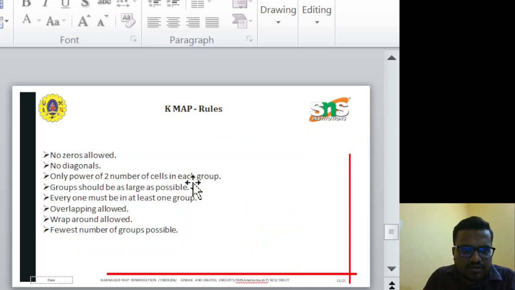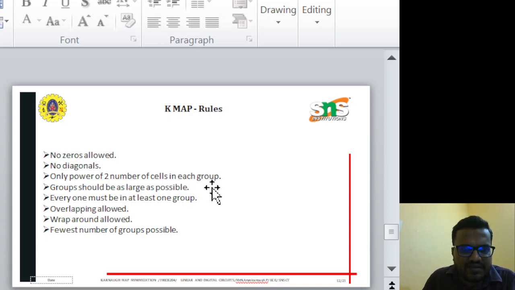So these are the rules and regulations of the concerned grouping. No zeros allowed, because we are mapping only the value of ones. No diagonal values. Diagonals cannot be mapped with each other. Only a power of two number of cells in each group. We can map the cells by one, or two number of cells. Next one is groups should be as large as possible.